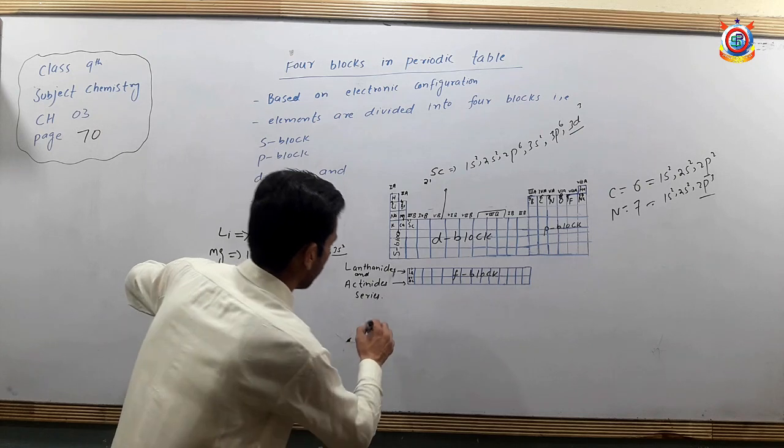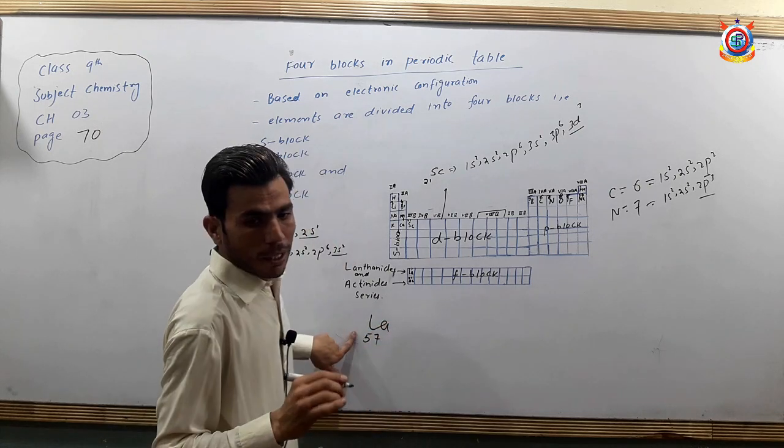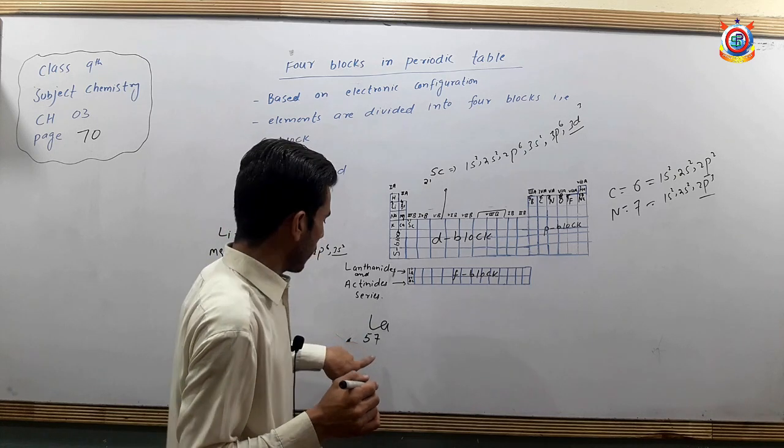For example, lanthanum has atomic number 57.